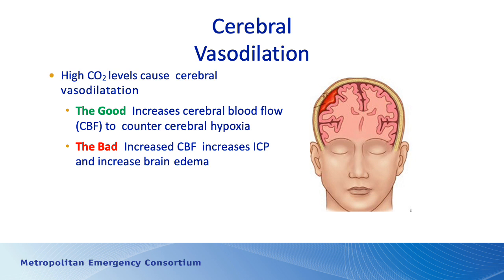The downside is, though, if you have vasodilatation, it increases intracranial pressure, which can cause worsening brain injury. Keep in mind that these blood vessels are inside a tight, hard skull, and there is no give. So if you have increased perfusion, if you have swollen blood vessels, you're going to increase intracranial pressure, which results in bad or worse outcomes for the patient.